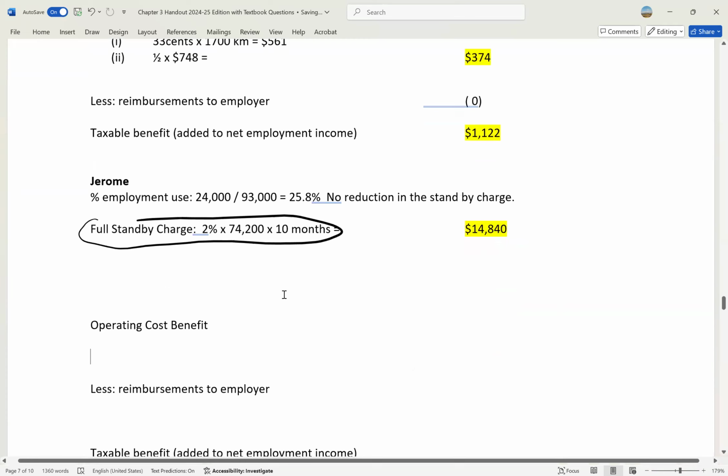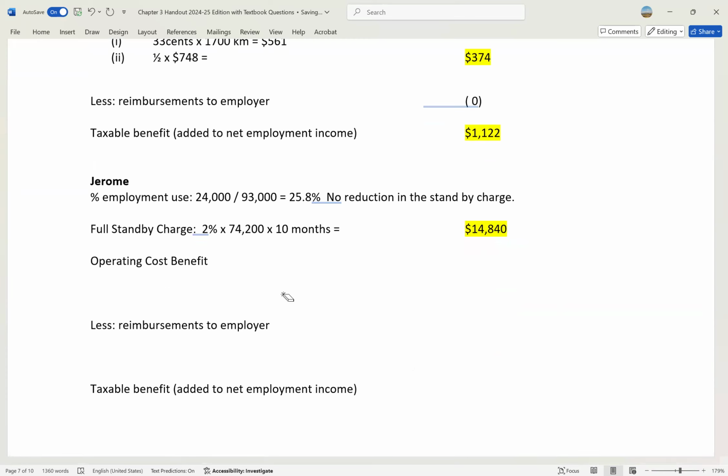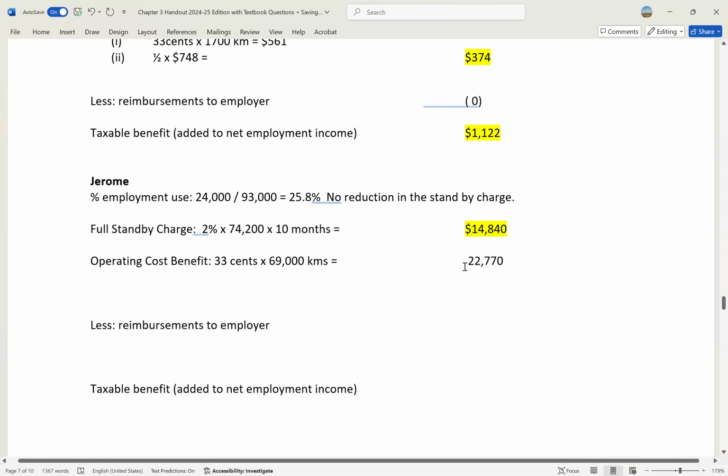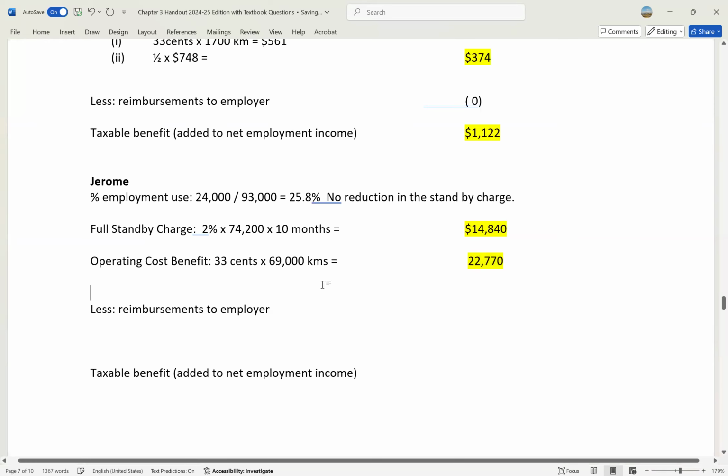And so what that means is that for the operating cost benefit, we don't get the lesser of because he doesn't get the reduced standby charge. It's just going to be 33 cents times the personal kilometers driven, which was 69,000 kilometers. And so the operating cost benefit is going to be 22,770. So once again, the more you drive it personally, the higher the operating cost benefit will be.